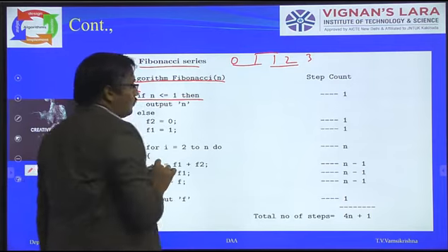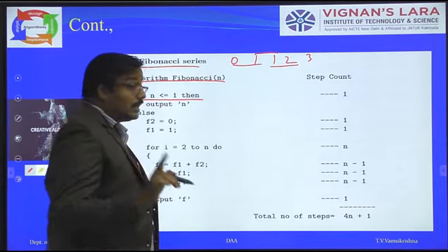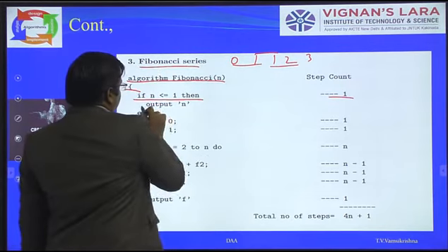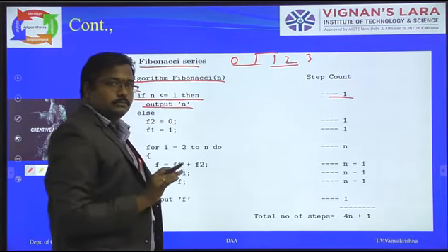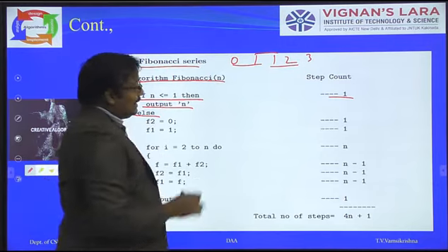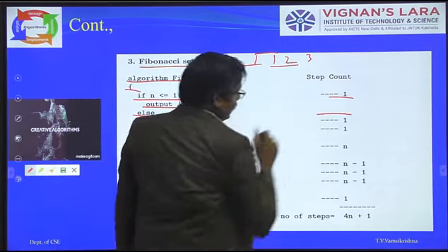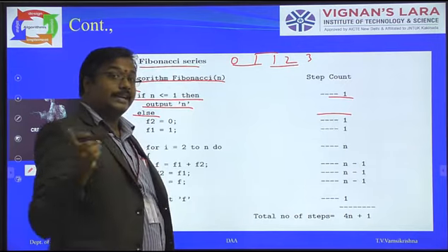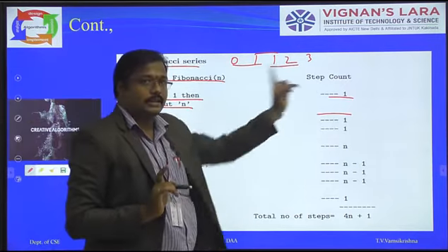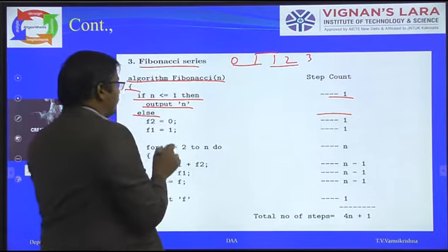If n is less than or equal to 1, condition checking is there, so step count is assigned, that's why 1. Next, output n is not considered a programmable step. Else is also not considered a programmable step, because the condition checking has already happened. Here we are considering it as 1. So we need to consider again.